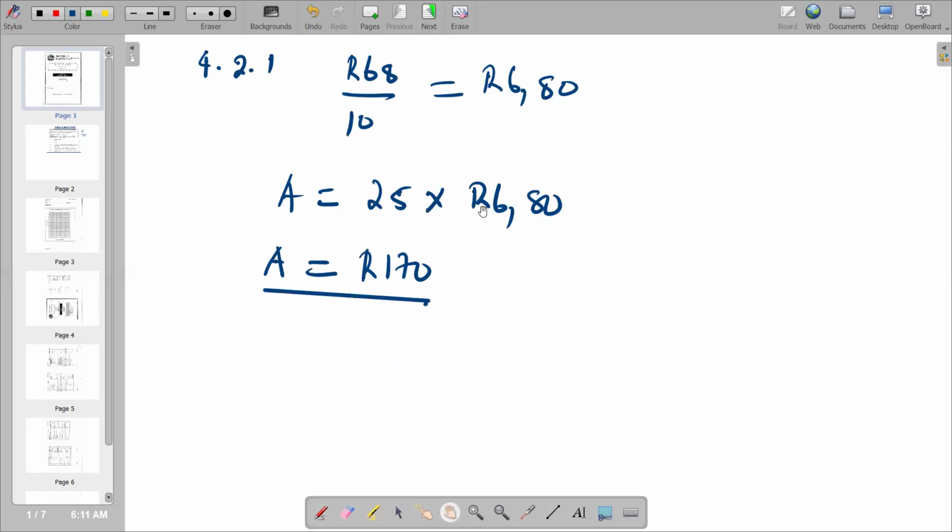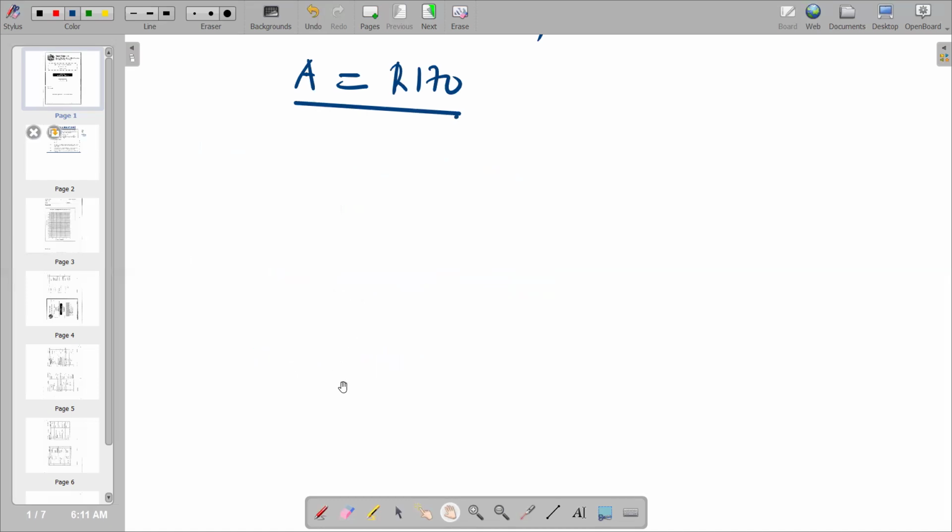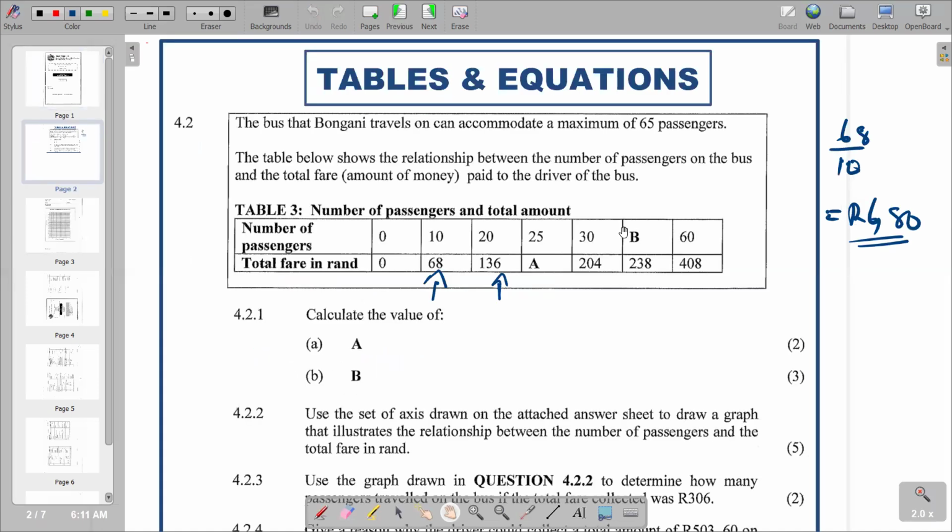Moving on to the next question, it needs us to calculate B, the number of passengers given a total fare of 238 rand. The same applies. If you say B times 6.80, you get 238.